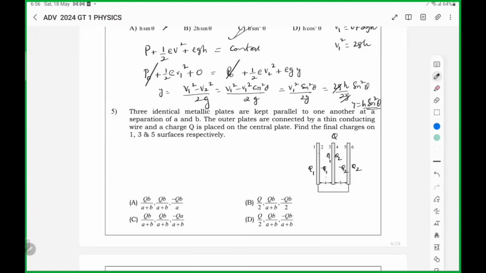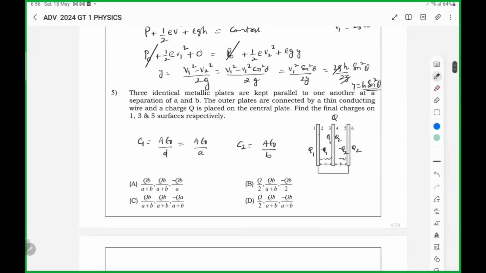Here, this one is one capacitor whose capacitance is A epsilon naught by D, that is, A epsilon naught by A. This one is another capacitor C2, which is equal to A epsilon naught by B. Because they are identical metal plates, the cross area will be the same, but the capacitances are different.